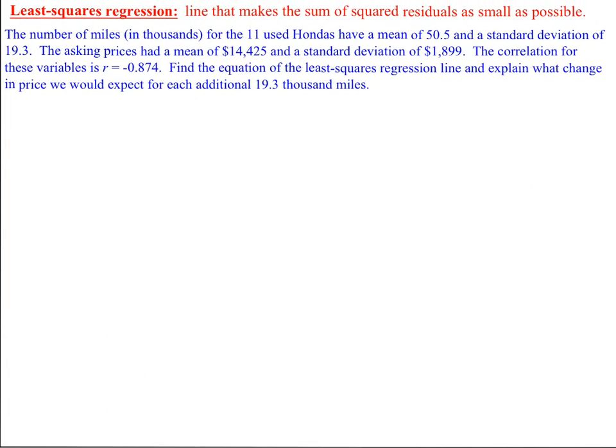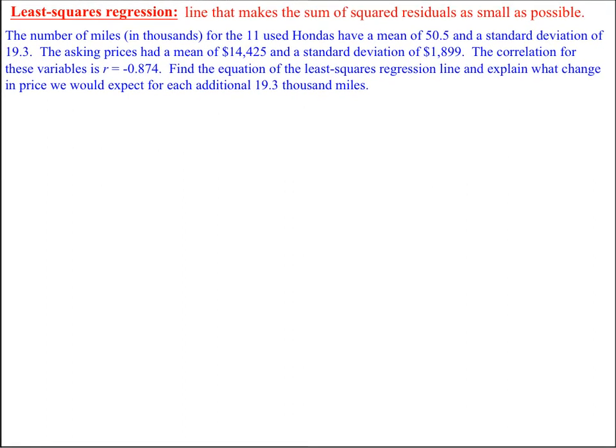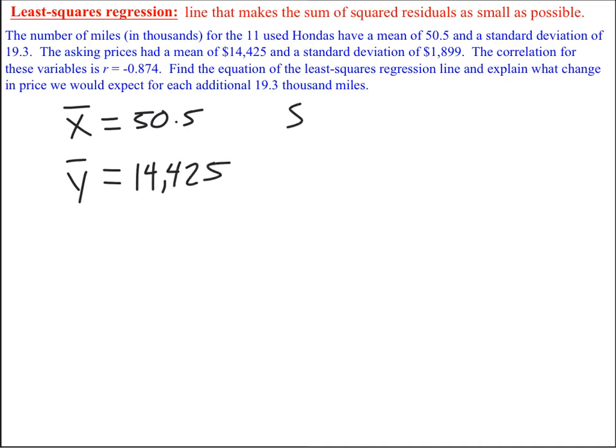Notice this is the same context. So here's what this problem tells me, and it's actually enough to get what we need. It gives me a mean for my x values. That was miles driven, 50.5. And it gives me the mean of the price. That's the y variable. So it's almost like it's looking at these two variables separately.